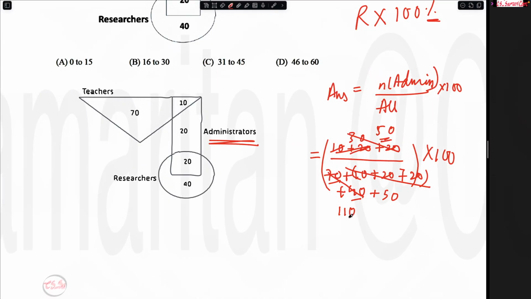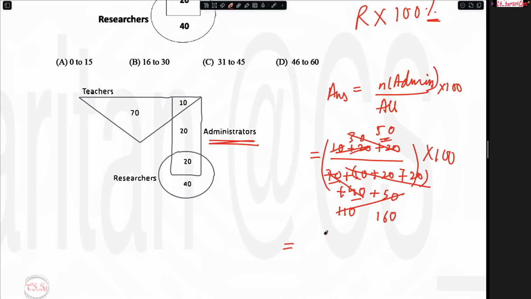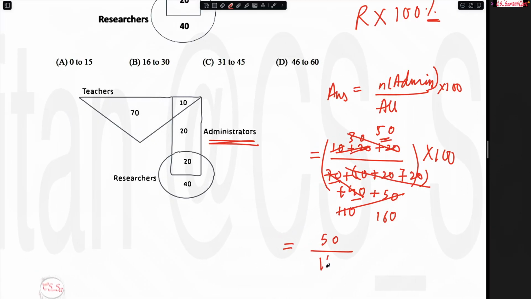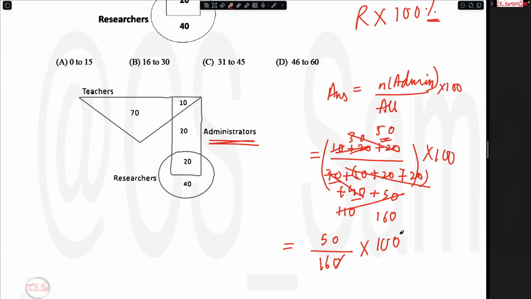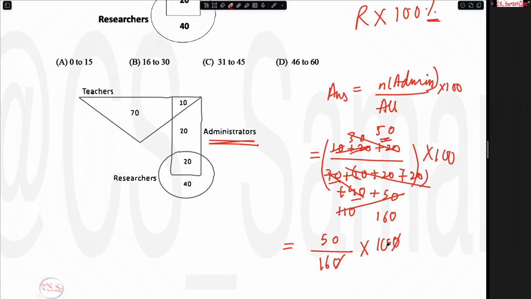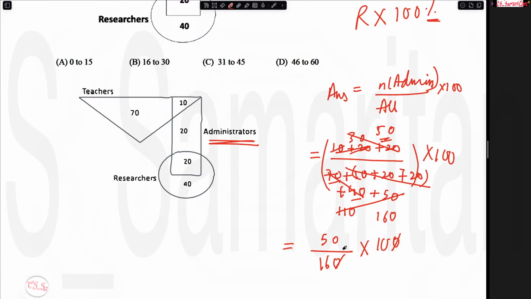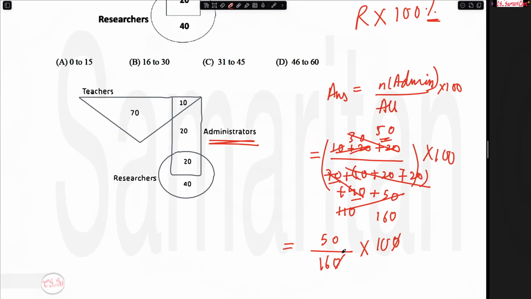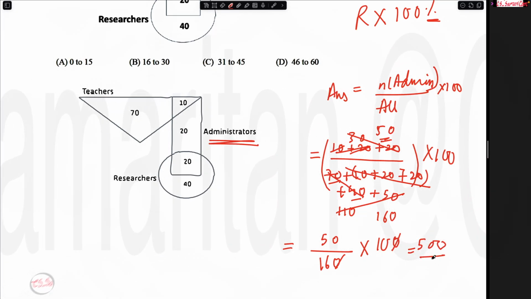Plus 50 gives you 160. So your answer becomes 50 by 160 times 100. Just cut this 0 from both, and we get 5 by 16, and 50 by 16 times 10. So this thing becomes 500 by 16.